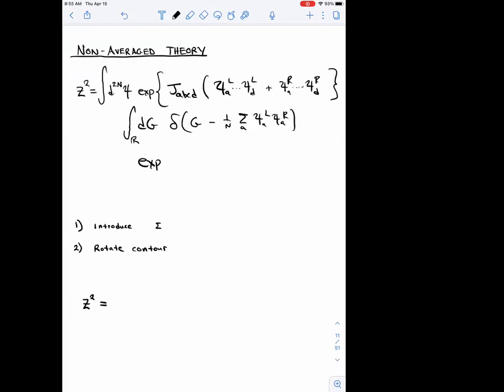And then we'll put this exponential n over 4, g to the fourth, minus 1 over n, sum over A, psi left A, psi right A. Okay, so this is multiplied together.